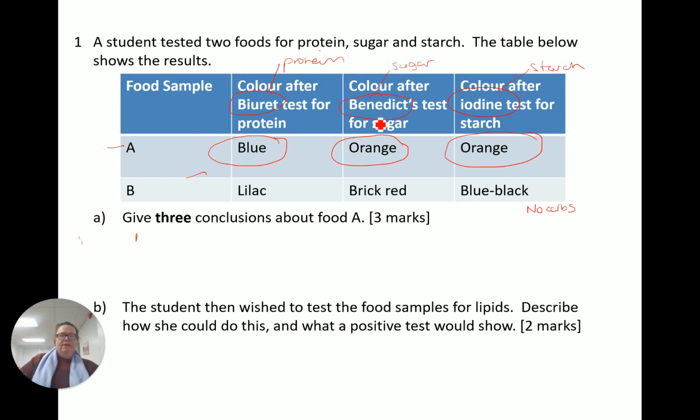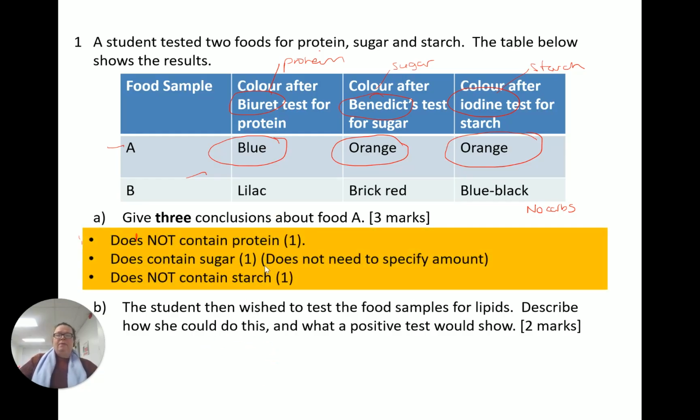Benedict's test, well, Benedict's is blue, so it's definitely got sugar. And the Biuret test for protein, that starts blue, so no protein. I'll put the answers up in a second. So does not contain protein, does not contain sugar, and does not contain starch. Sorry, does contain sugar, does not contain starch.